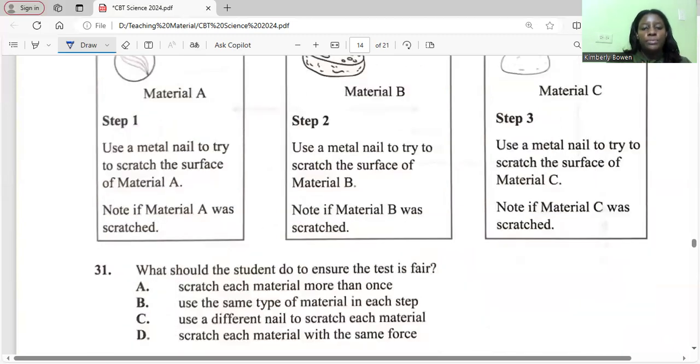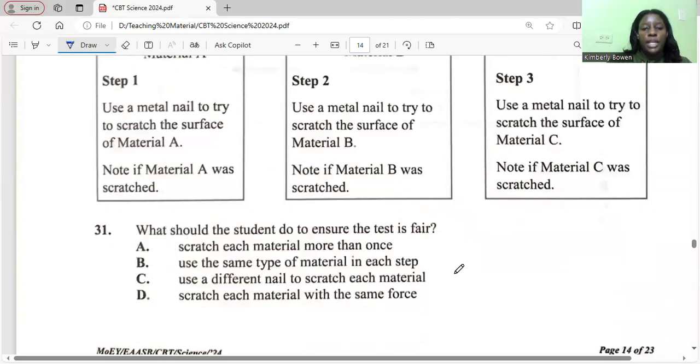What should the student do to ensure the test is fair? Scratch each material more than once. This is just ensuring accuracy. Use the same type of material. That wouldn't test the hardness of the different materials. Use different nails to scratch each material. That's not fair because it's not the same nail. Scratch each material with the same force.